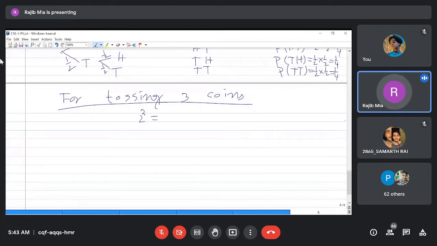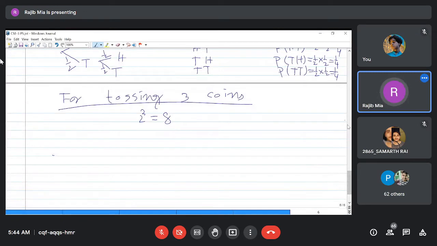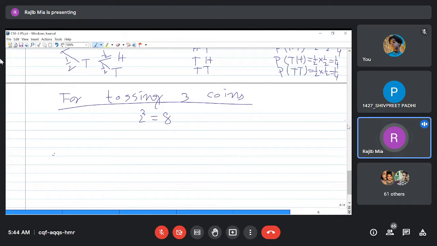In the first toss, what are the possibilities? Head or tail. So we write here head or tail. This is for the first toss. Then we think about the second toss.